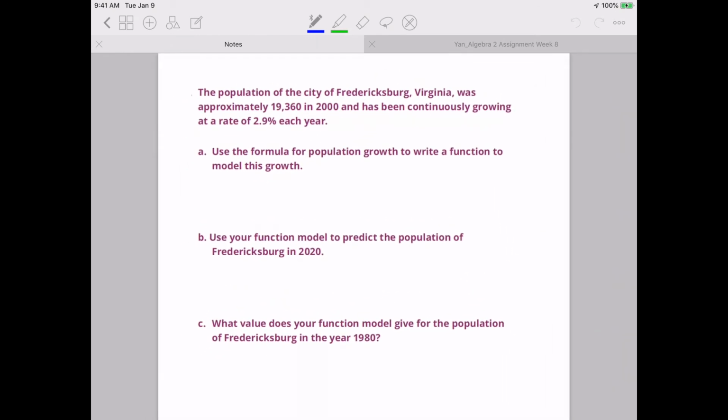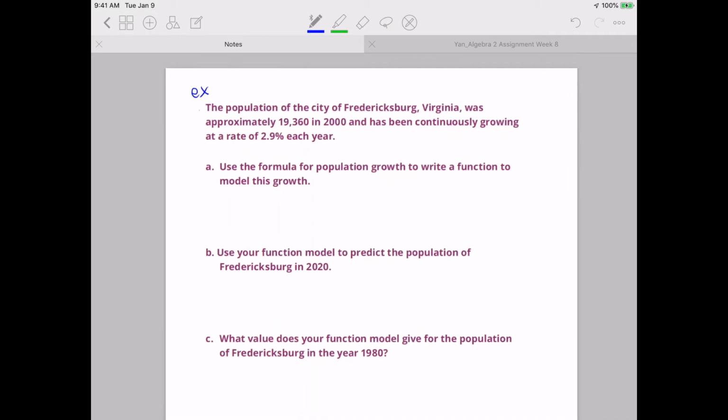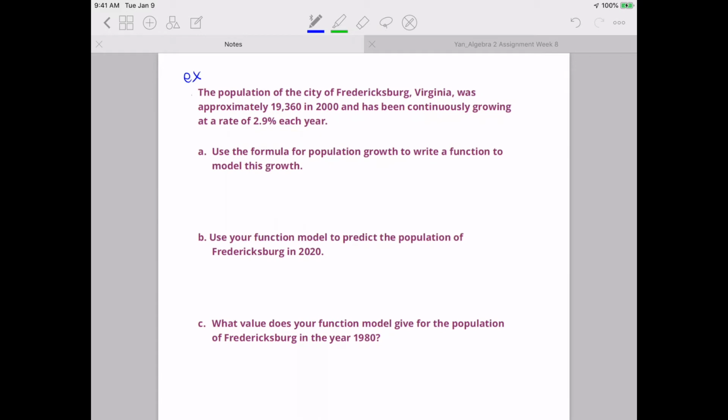This question says the population of the city of Fredericksburg, Virginia was approximately 19,360 in 2000, and it has been continuously growing at a rate of 2.9% each year. Let's write down the original formula first, which is N of t equals N sub 0 times e to the rt.